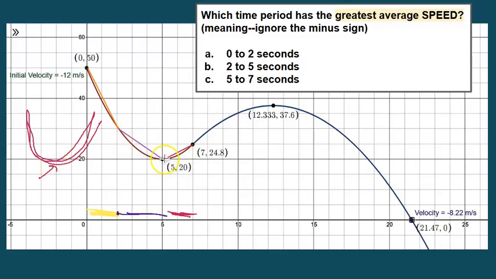These two time intervals were averaging a bunch of speeds that were close to the vertex. This time interval was averaging a bunch of speeds that were farther from the vertex. So by definition, I'm putting in my average all of the bigger values. You can also visually see that the orange line is steeper than the purple or the magenta.